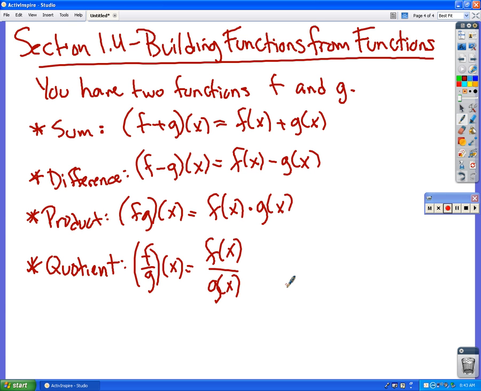And what thing do we have to be careful of if we're going to divide two functions? What can't happen on the bottom?